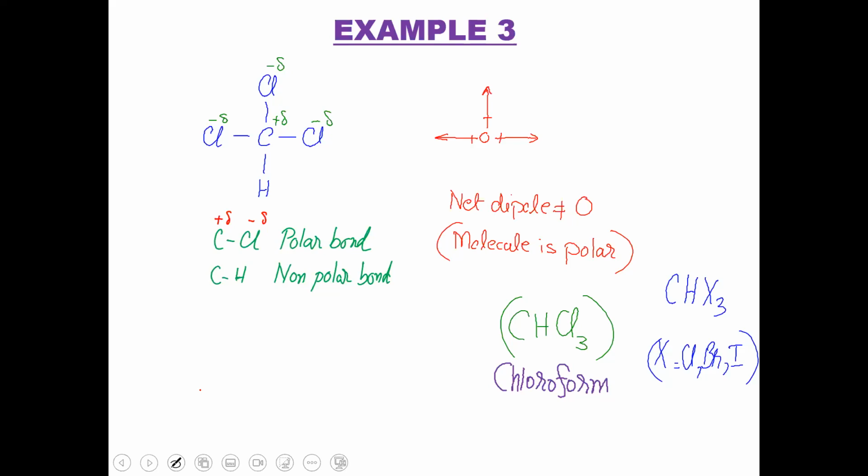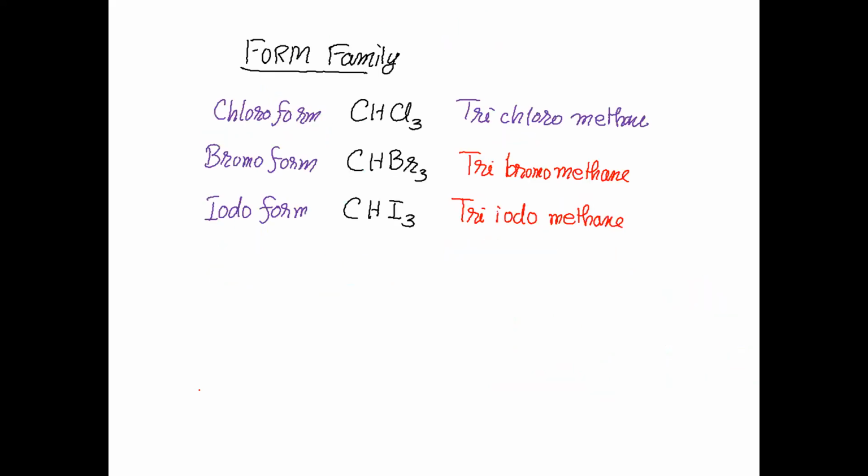CH bond is non-polar because both carbon and hydrogen are electropositive. Carbon and chlorine is polar because carbon is electropositive and chlorine is electronegative. First, you decide the polarity of the bonds, and then you decide the polarity of the molecule. Okay.